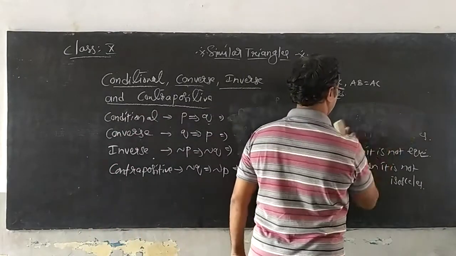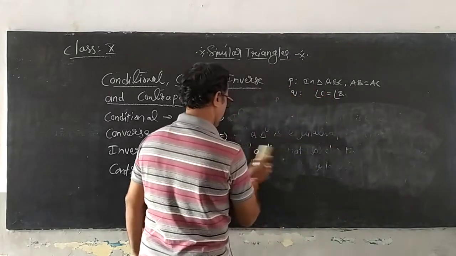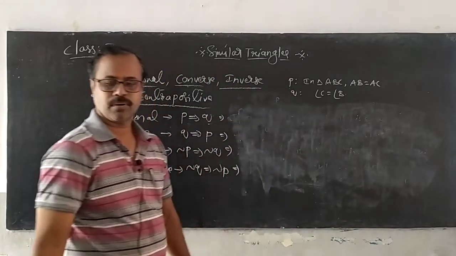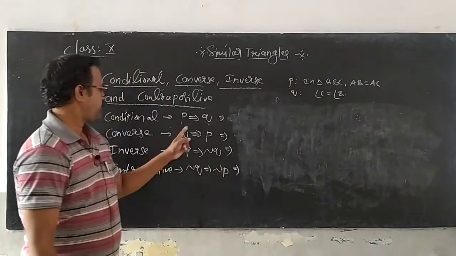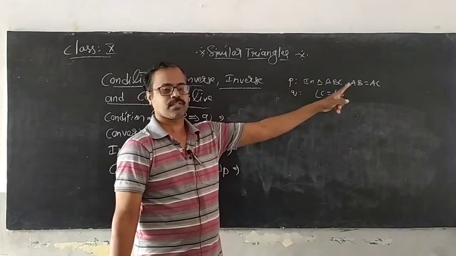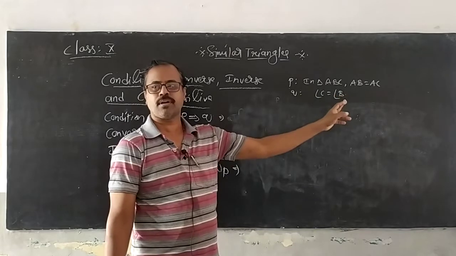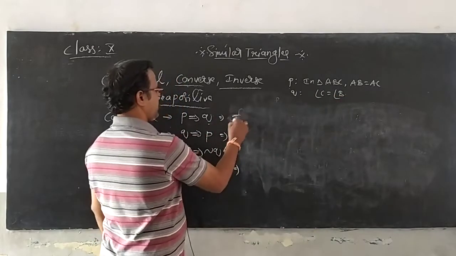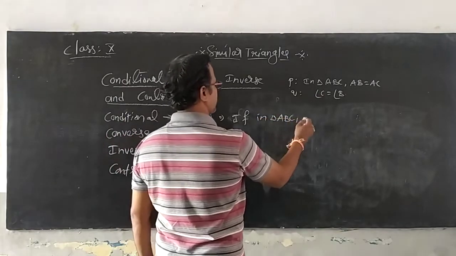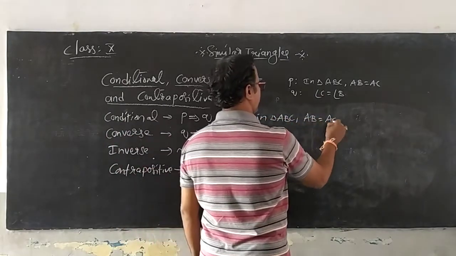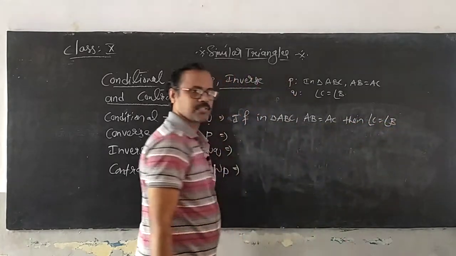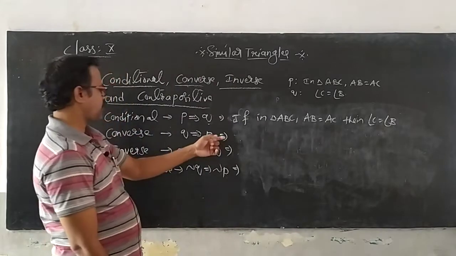P implies Q. What is P here? In triangle ABC, AB is equal to AC. What is Q? Angle C is equal to angle B. Here, if in triangle ABC, AB is equal to AC, then angle C is equal to angle B. This is the conditional. Now tell me what is the converse.